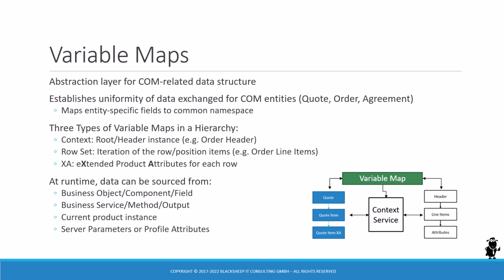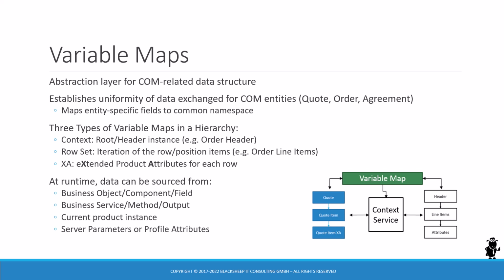The same with an order, it has a header and line items, or an invoice at that, but there are subtle differences between the entities, such as different field names that define the same thing. For example, the quote has a field, I'm making this up right now, quote validation field, and the order has a field order validation field. So the two different field names basically.